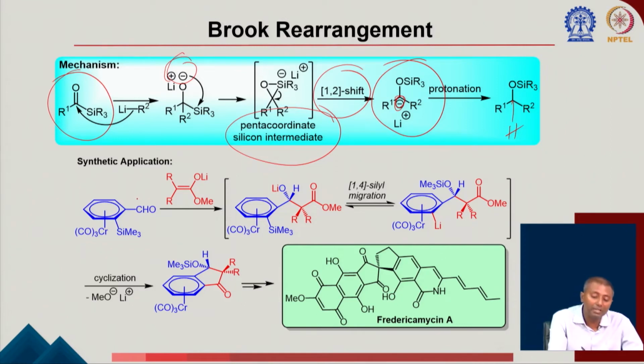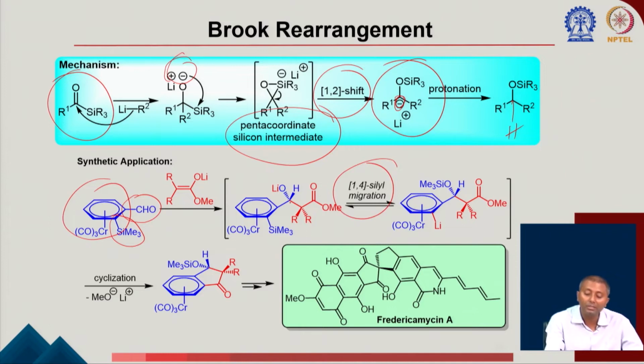Here you can see both the CHO and the silicon are in the ortho position, and this is again a chromium arene complex. Once this enolate attacks the aldehyde, it forms this O minus lithium, which now undergoes a 1,4 silyl migration.